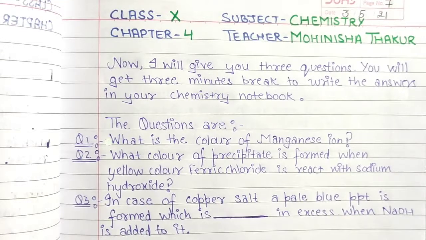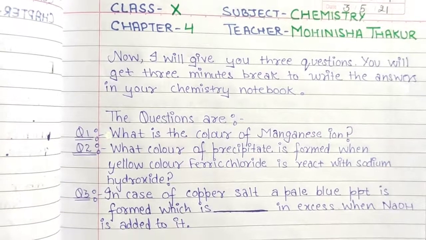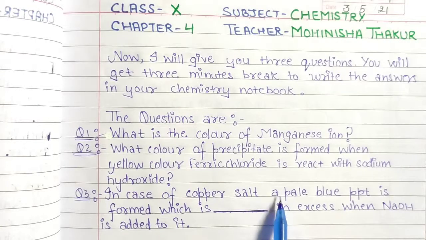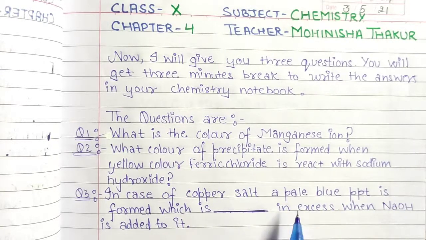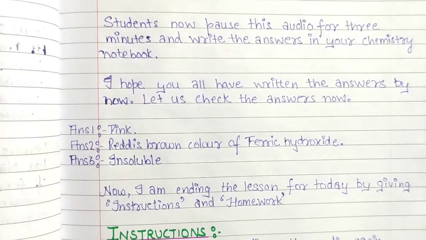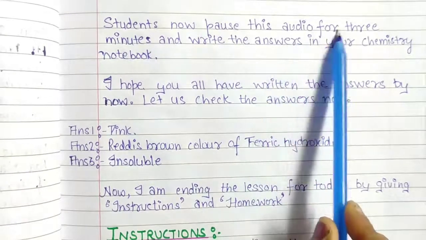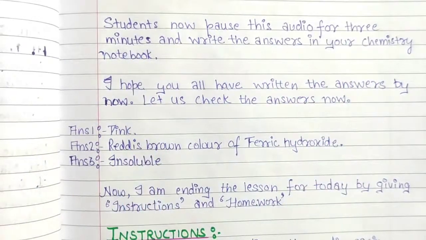And the last question, number 3, is: in the case of copper salt, a pale blue precipitate is formed which is dash in excess when sodium hydroxide is added to it. Students, now pause this audio for 3 minutes and write the answers in your chemistry notebook.